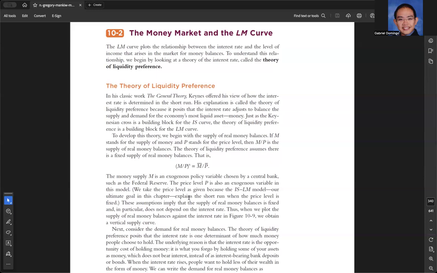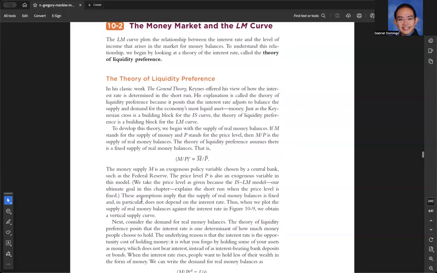We take the price level as given because in the IS-LM model, you explain the short run, where the price level is fixed. So these assumptions imply that the supply of real money balances is fixed and in particular does not depend on the interest rate.